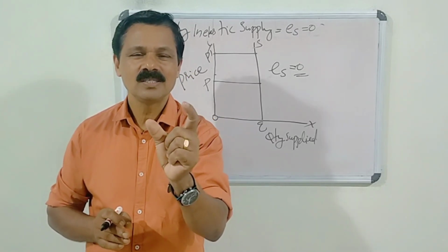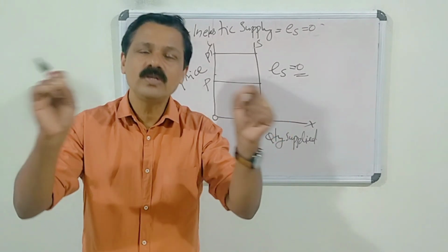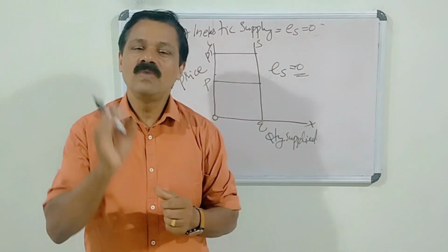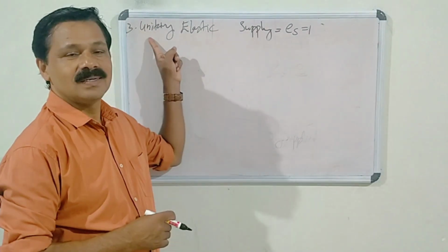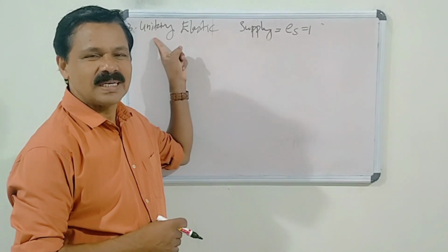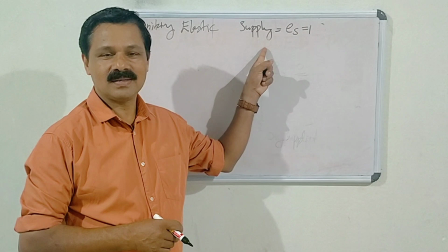That so-called concept, unitary elastic supply, can also be illustrated with the help of a diagram. The third type of elasticity of supply is unitary elastic supply.